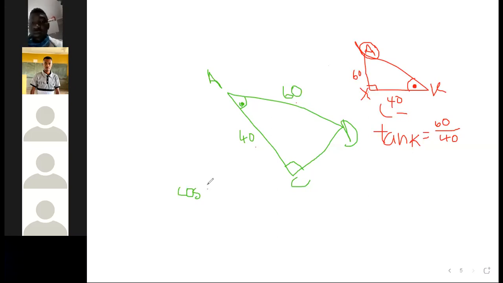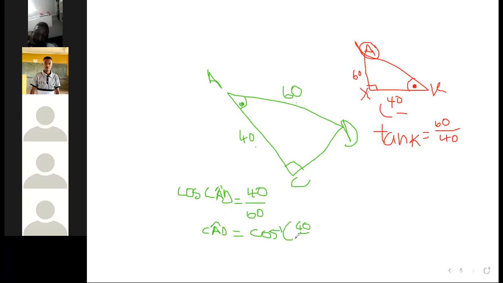CAD is equal to 40 over 60. So I'm gonna say CAD, it's the arc cos, of course. 40 over 60.